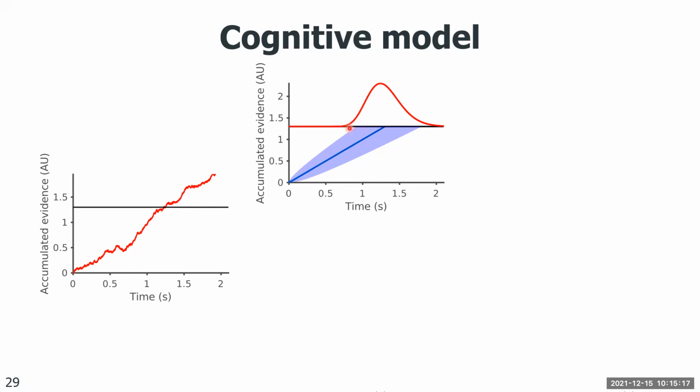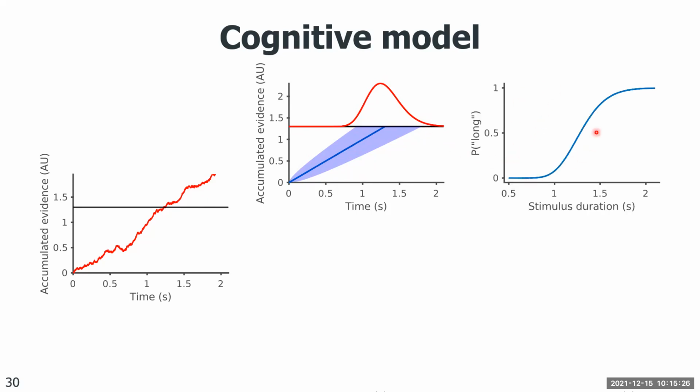This is equal to taking the cumulative distribution function for this probability density function, which gives us the psychometric curve on the right here. So we have a transition from always saying short to always saying long. This fits qualitatively the behavioral responses in this task.